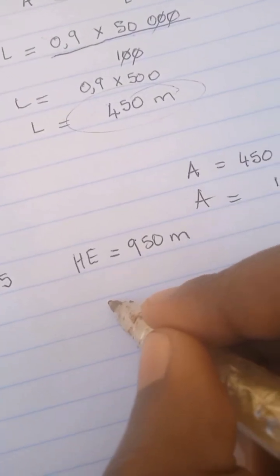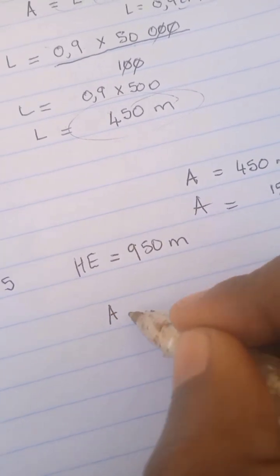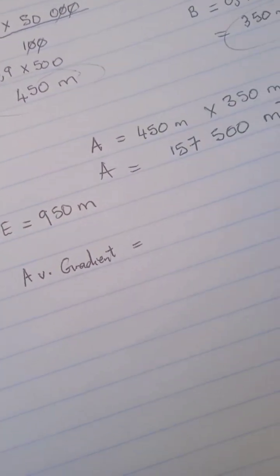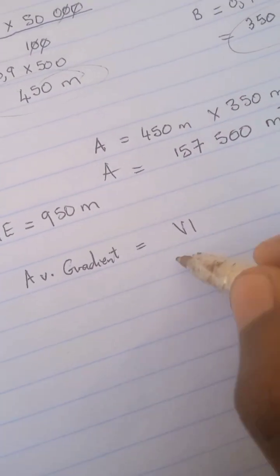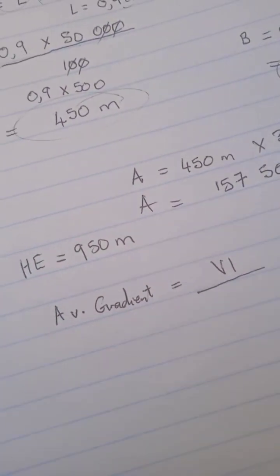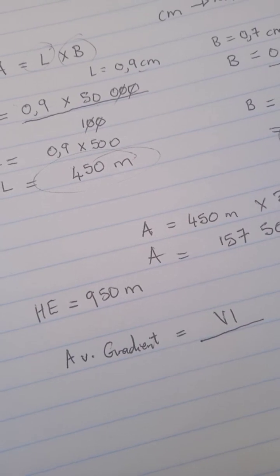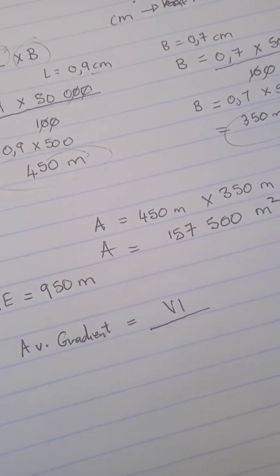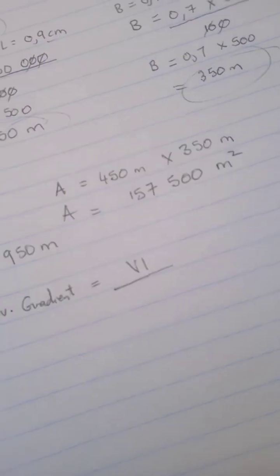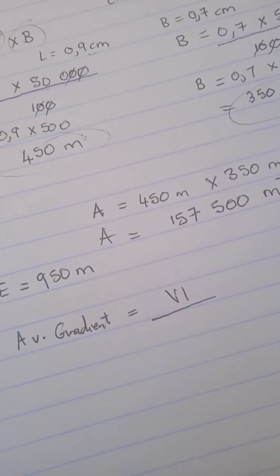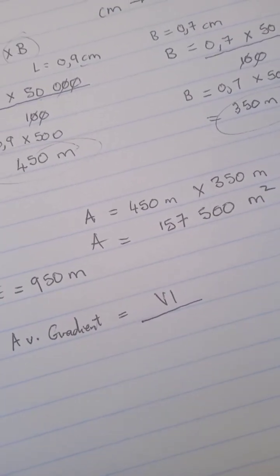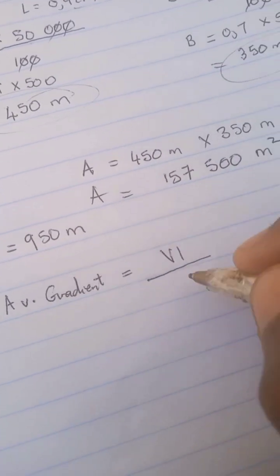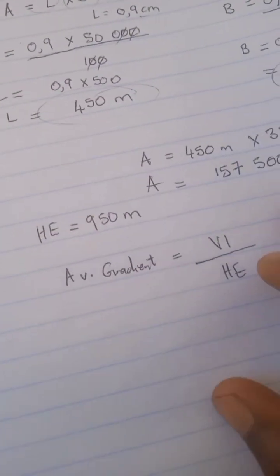For the average gradient, we take the vertical interval, which is the difference in height between your spot heights, and the horizontal equivalent, which is the horizontal distance that matches that height difference. In this case we are given 950.